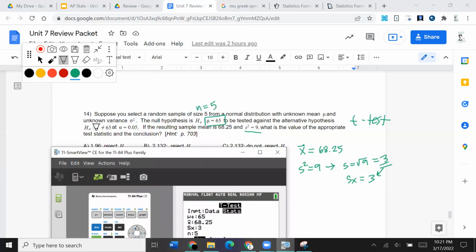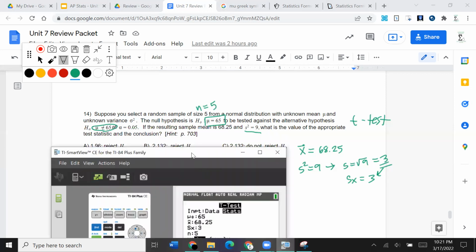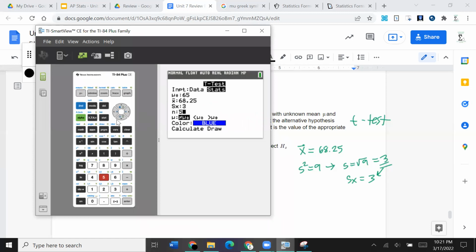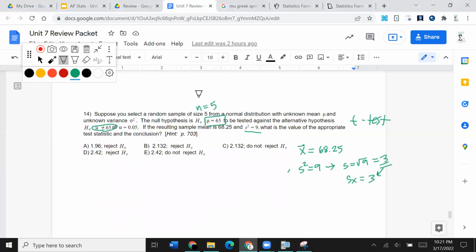And our alternative is not equal, so we'll go ahead and select that. And go down and calculate. And here's what we have. We have a test statistic of 2.422. So t equals 2.422.